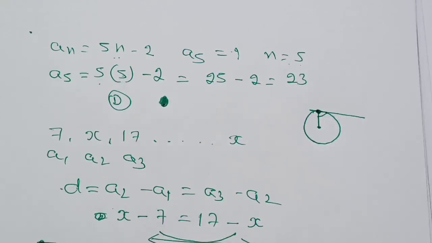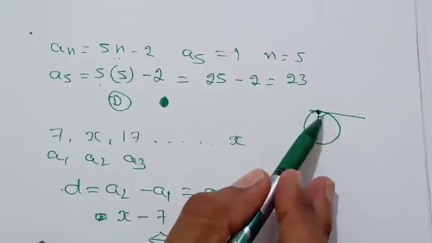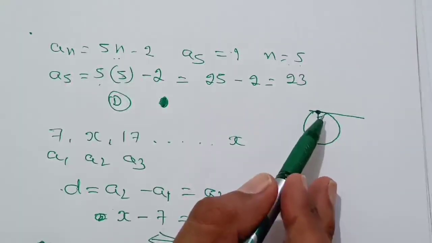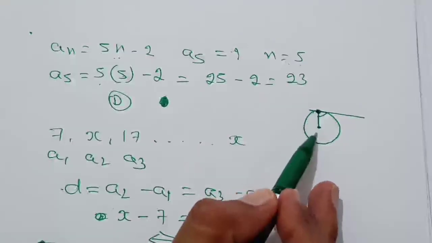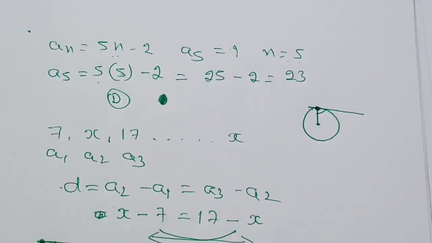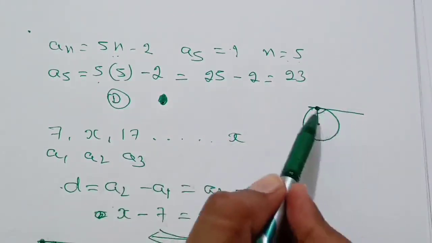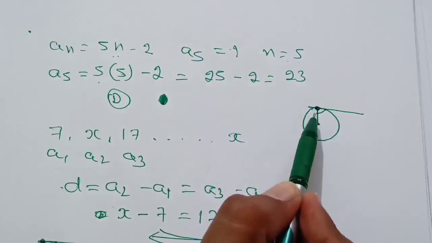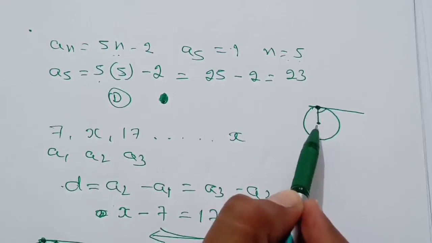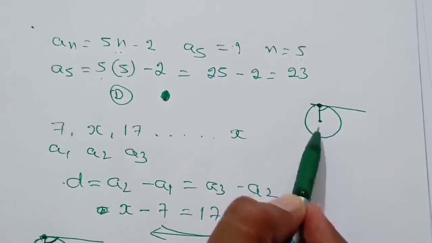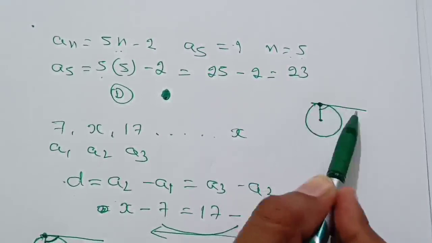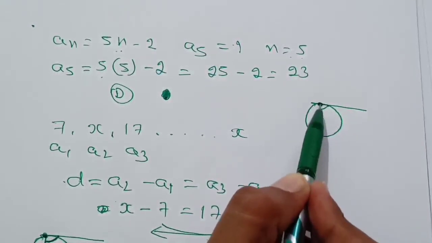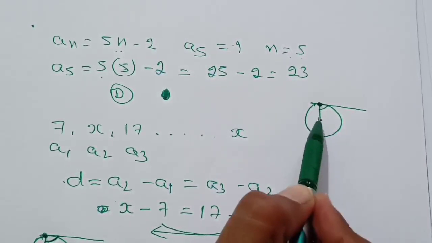So as you know, the tangent at any point to the circle is always perpendicular to the radius, children. Again I will say, the tangent at any point on a circle is always perpendicular to the radius. For this radius, the tangent at the point of contact will be the perpendicular line, right?